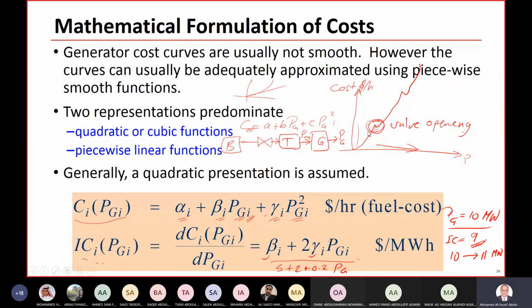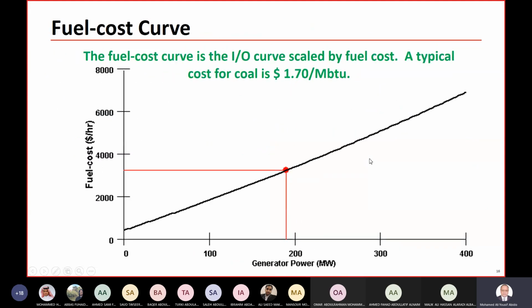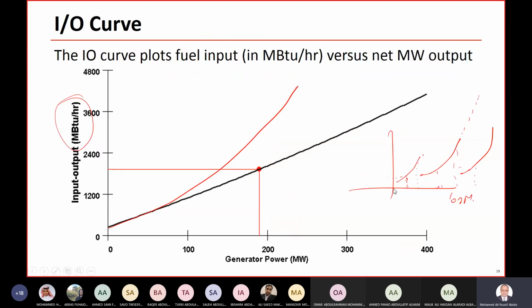As you see in this figure, you have some nonlinearity due to valve opening, and in the previous slide we talked about fuel switching, from one fuel to another, so you have different cost functions defined on certain ranges of output power.